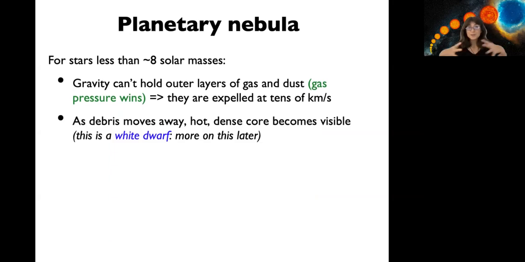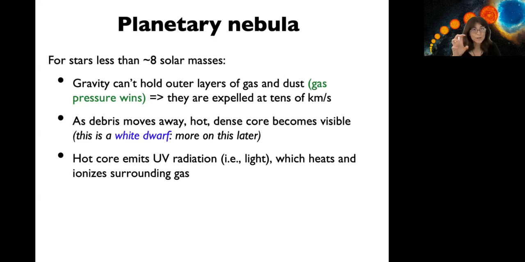All right, so as the debris moves away, that core that was made of carbon that cannot fuse anymore will become visible. It's like for the first time, you're able to see what's inside a star. And so that hot carbon core that becomes visible is very bright because it's very hot at this point. This is what we call a white dwarf, and next class we'll talk more about those, so we'll come back to this.